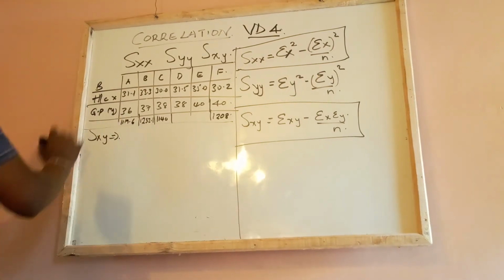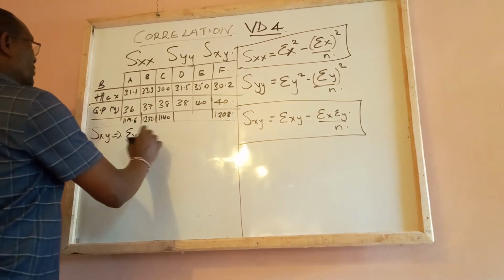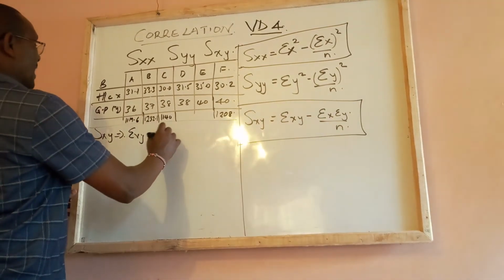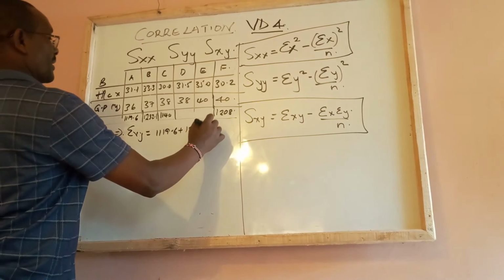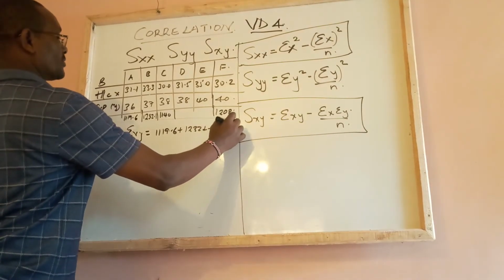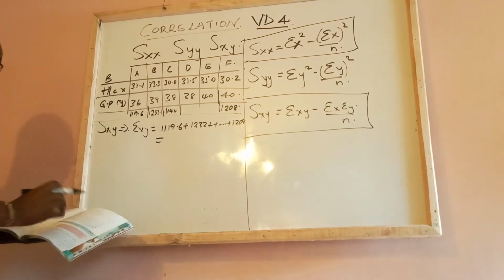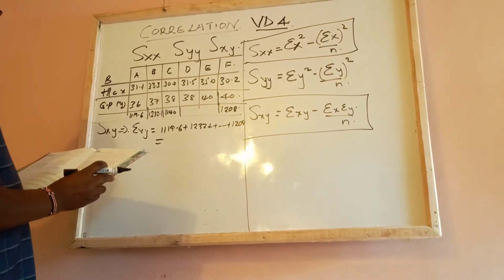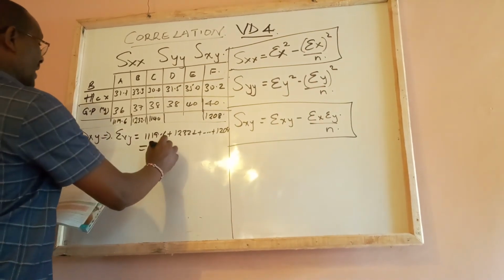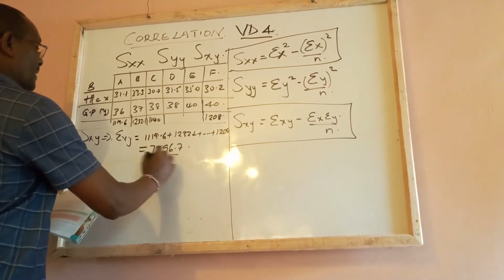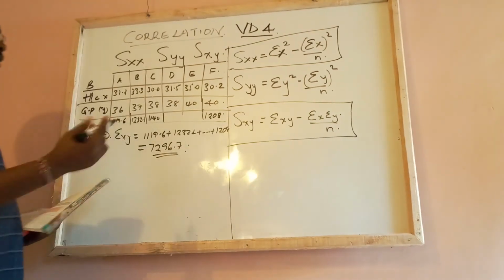When you add all this, sigma xy is going to be 1119.6 plus 1232.1 plus all the way plus 1208, which should give you 7296.7. Let us now look at sigma x alone.